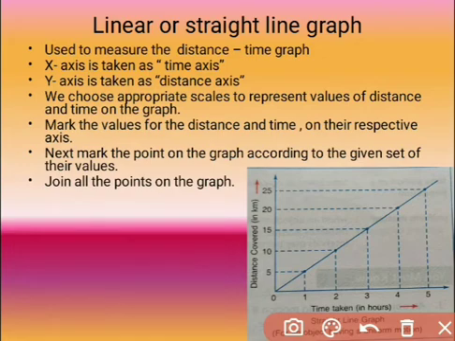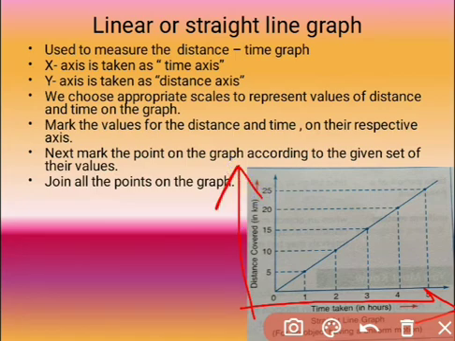Here, this is the x-axis and this is the y-axis. The x-axis and y-axis combined together meet at the origin.